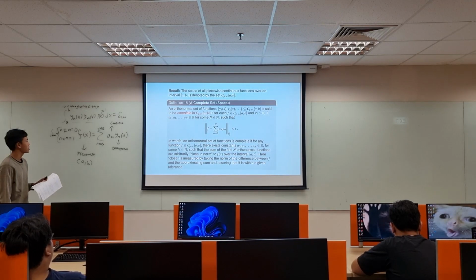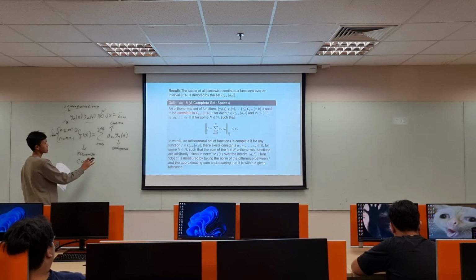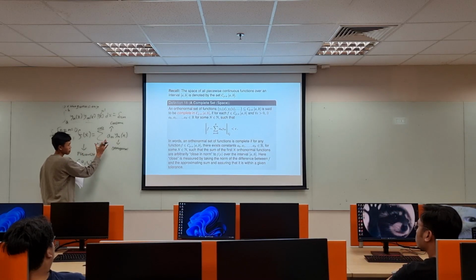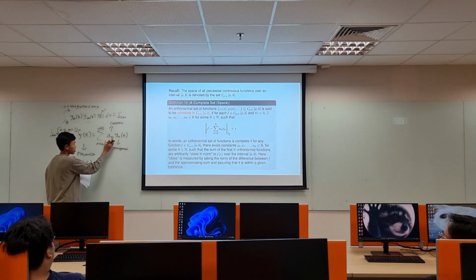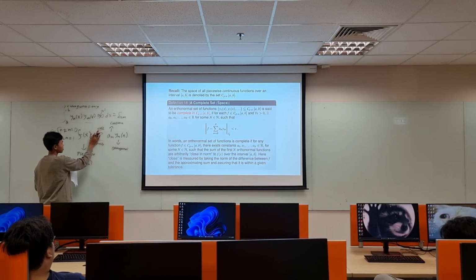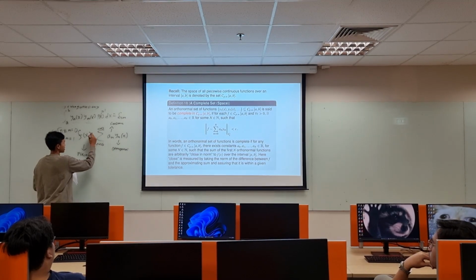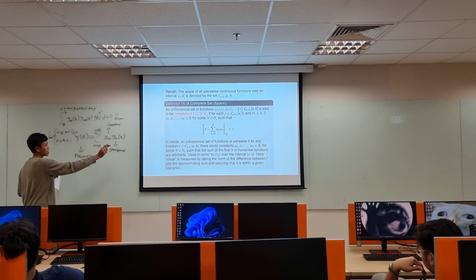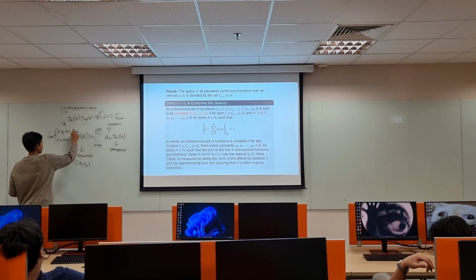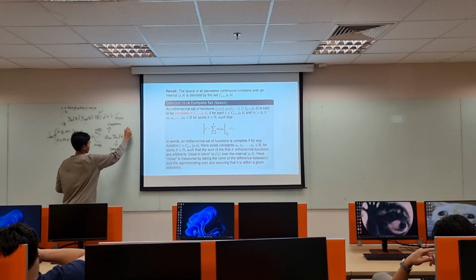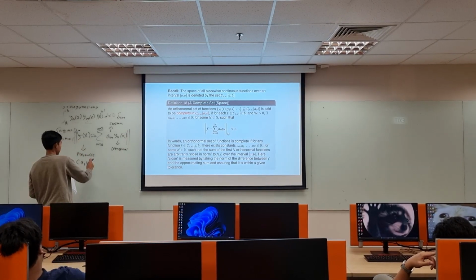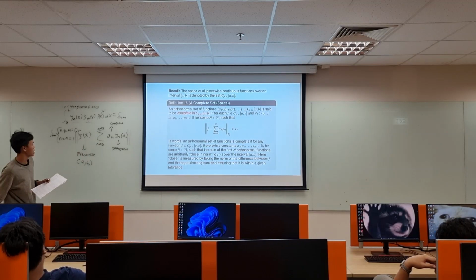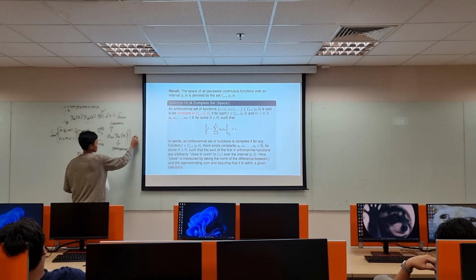The theory is that we can approximate f(x) using a summation of functions and constants. The theorem says that the magnitude of f(x) minus the summation, the approximation, is less than epsilon.